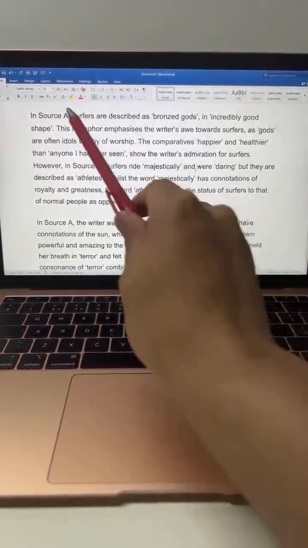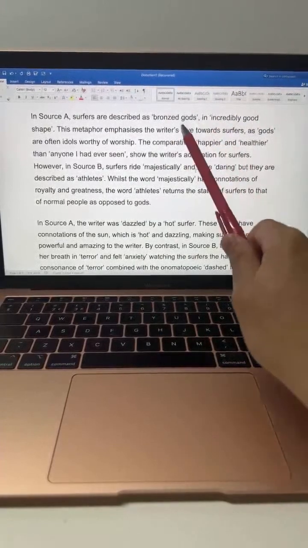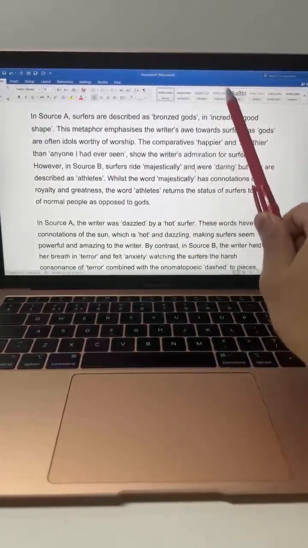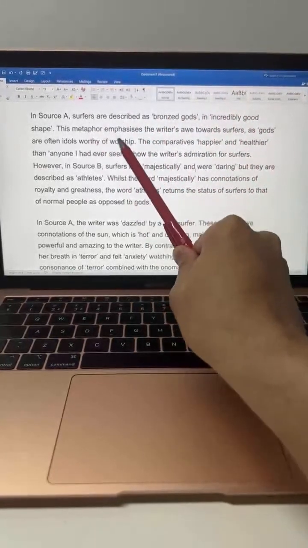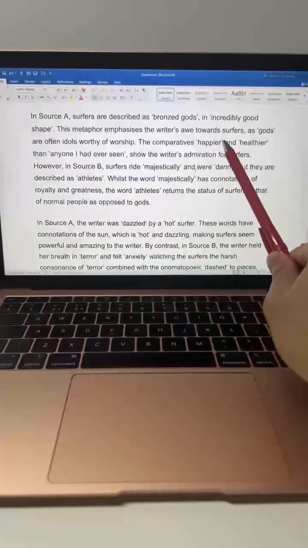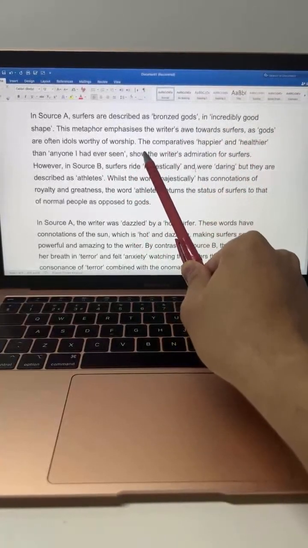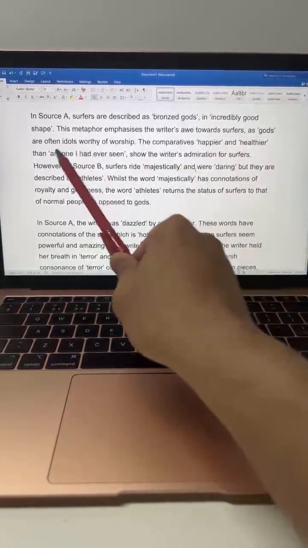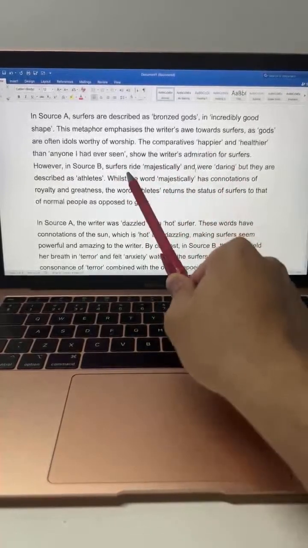So you can literally start off: in Source A, surfers are described as bronze gods in incredibly good shape. That's our evidence. Remember, you need to support it with the writer's methods. This metaphor emphasizes the writer's awe towards surfers, as gods are often idols worthy of worship. The comparatives, happier and healthier than anyone I had ever seen, show the writer's admiration for surfers.